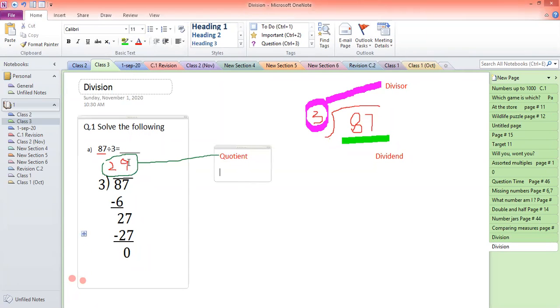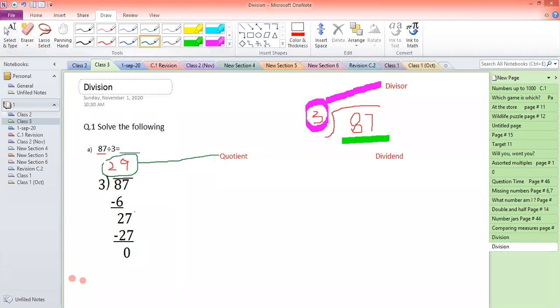This is quotient and this is remainder. This 0 is your remainder. This is known as remainder.